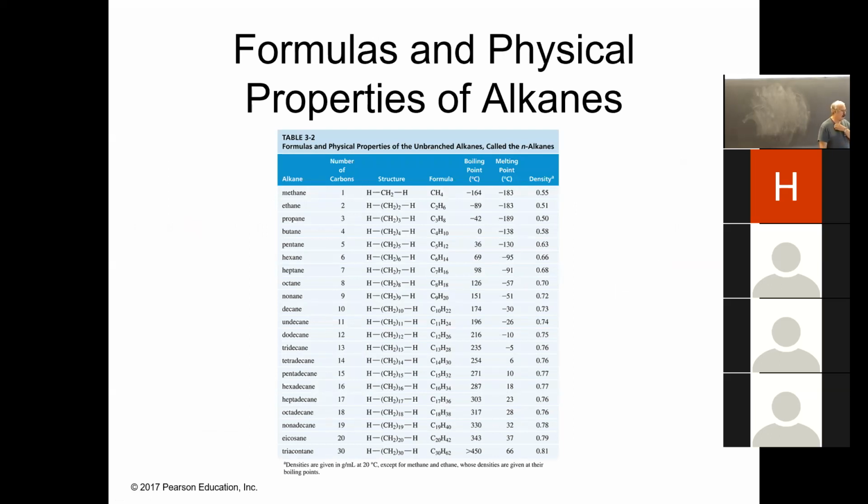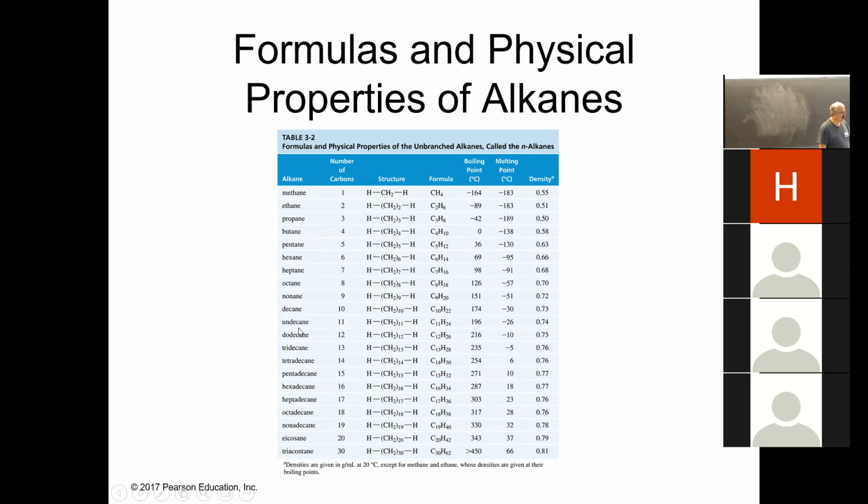Okay, this may be a little hard to read, but these are the physical properties. But I want to make some general comments. Okay, these are all straight chain alkanes. Okay, and again, I want you to know the names of the first 10. Okay, it wouldn't hurt to be familiar with these others.